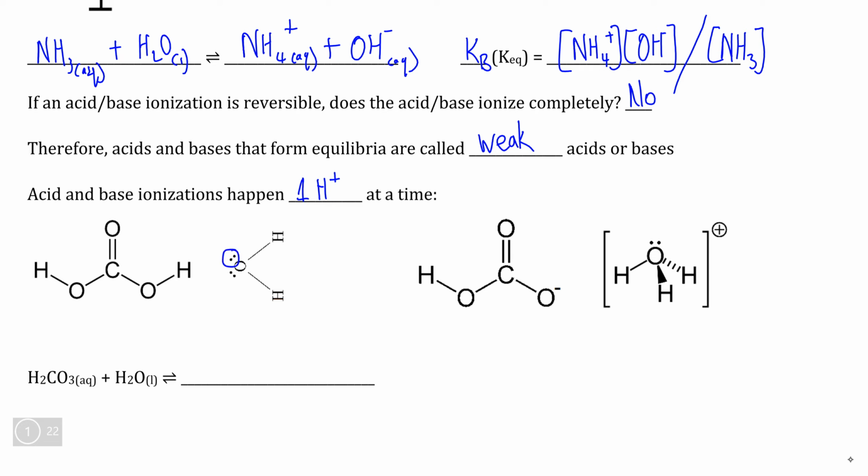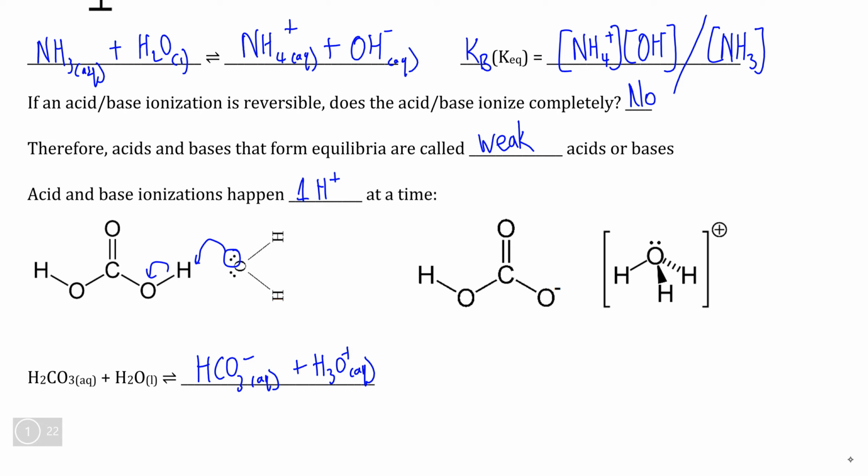So in this case, water is going to break the bond that hydrogen has with the oxygen on the left side of carbonic acid, and we're going to end up with hydrogen carbonate as the byproduct of what happens when carbonic acid loses its H+, and we're going to end up with hydronium because, again, water is taking this hydrogen here.